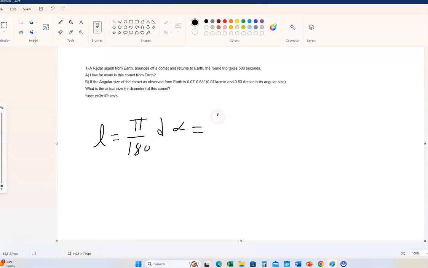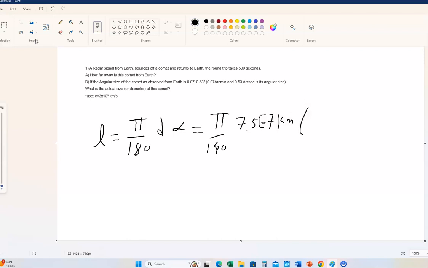So it's pi over 180, which are just normal numbers, times 7.5 E 7, times 10 to the 7th kilometers, and then times alpha.